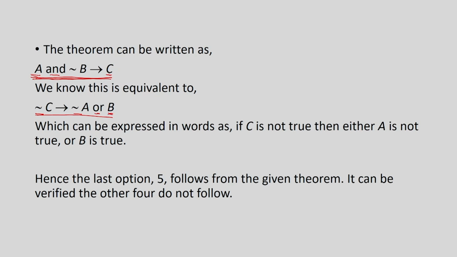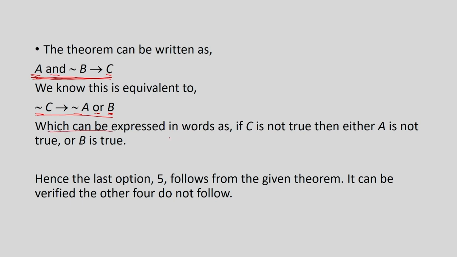So, that is the pattern, and so in the end we are getting not C implies not A or B. Now, this is in terms of symbols. What does it mean in terms of words?